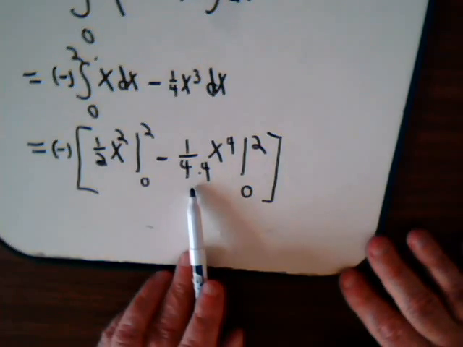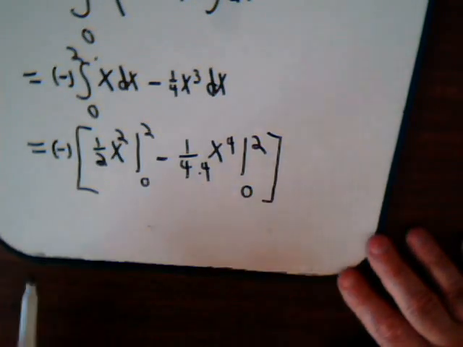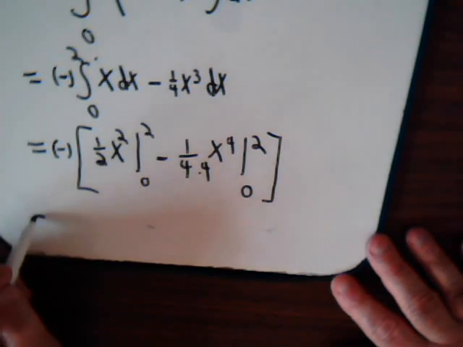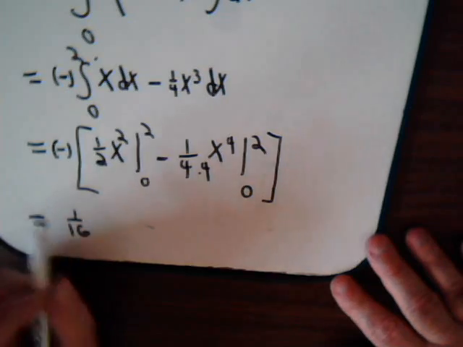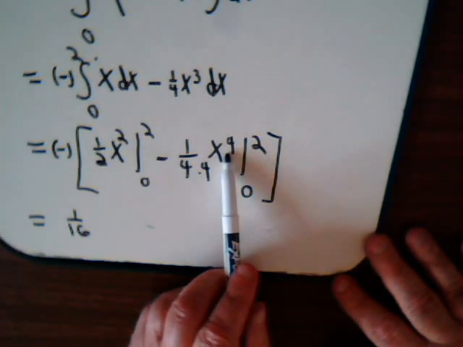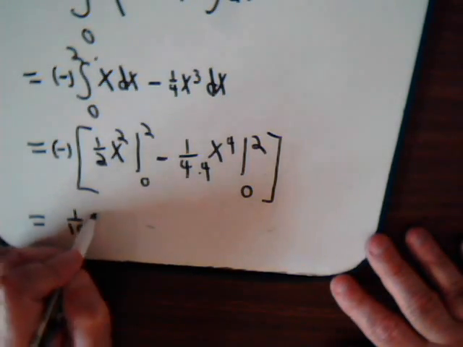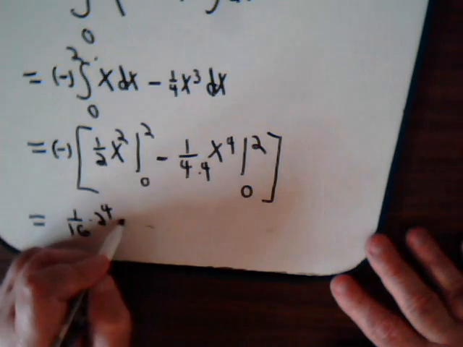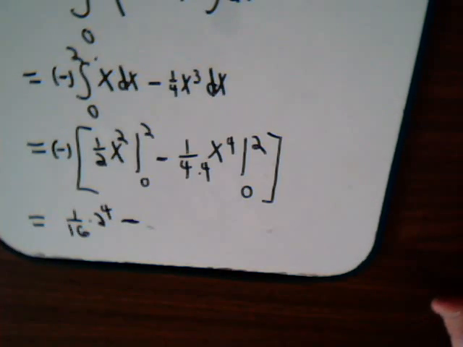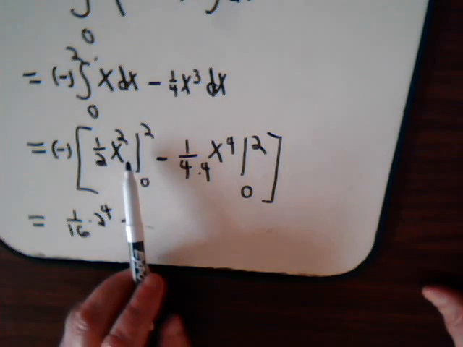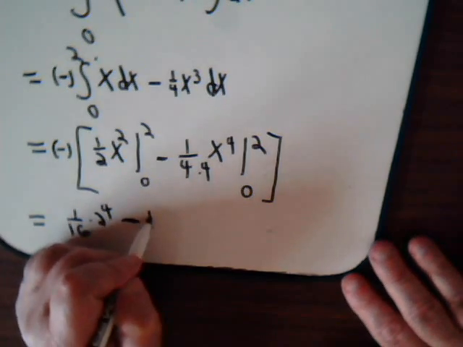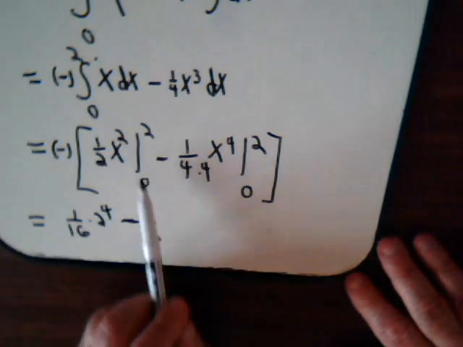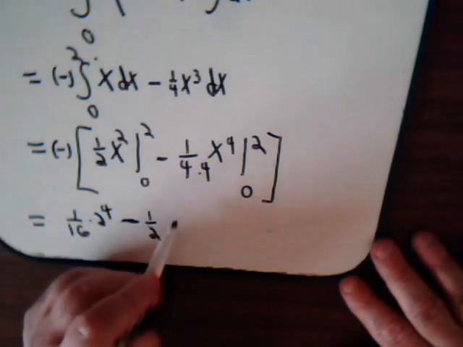So this will be 1/16. We have the minus sign here, so let's make this plus. We have 1/16, 2 to the 4th, minus, now here we have this, which will be 1/2, 2 squared is 4.